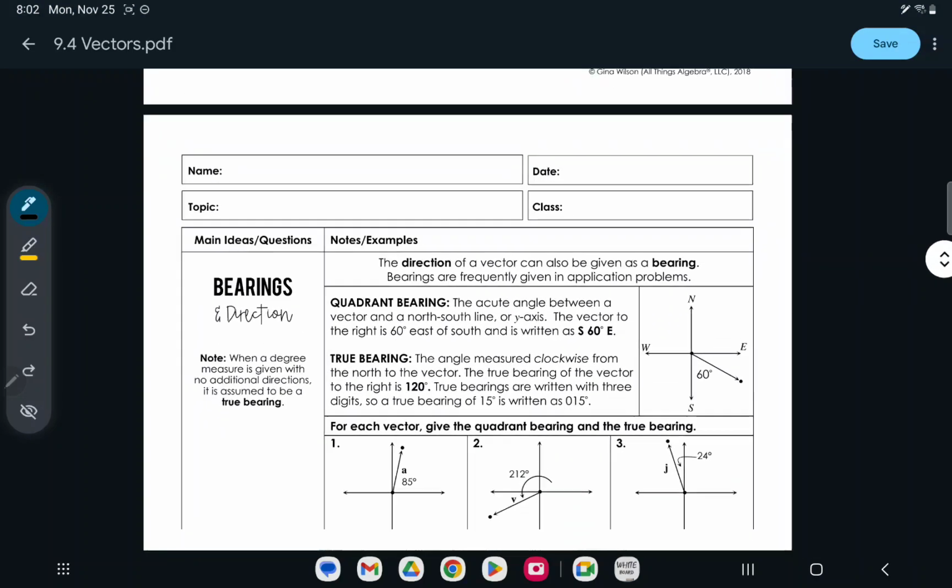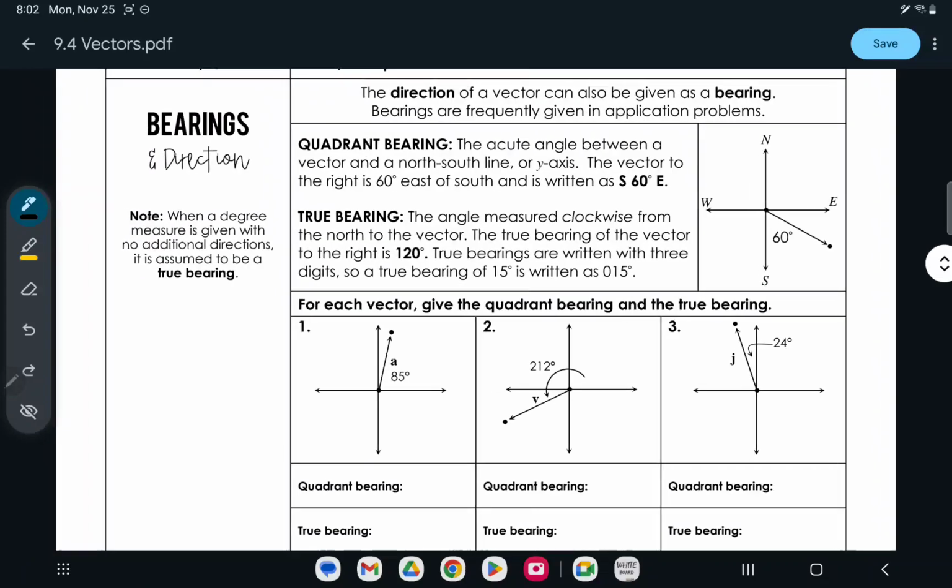Now let's look at everybody's favorite word problems, with these bearings. A quadrant bearing is the acute angle between a vector and the north-south line, or the y-axis. The vector to the right is 60 degrees east of south and is written as this.